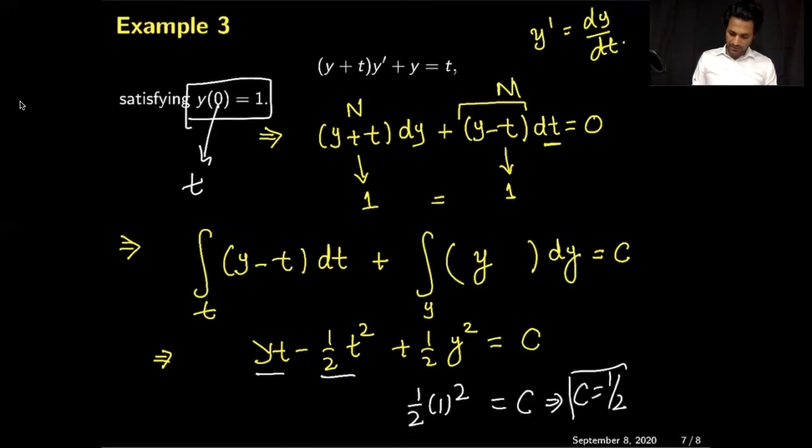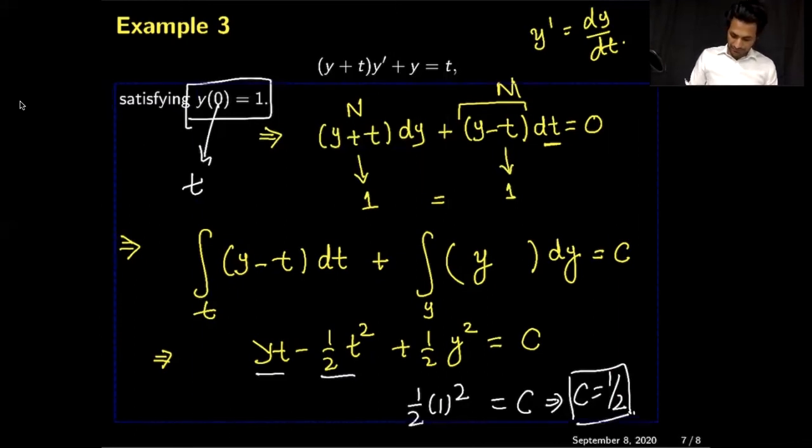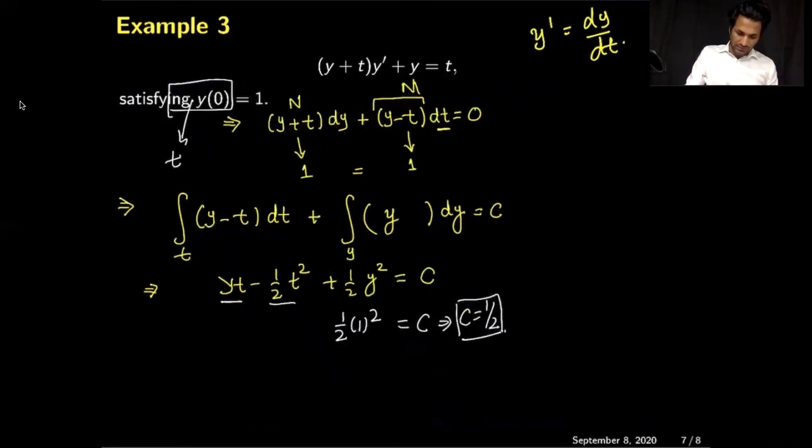So I will write down this constant c. Therefore the special solution is yt minus 1/2 t squared plus 1/2 y squared is equal to 1/2.